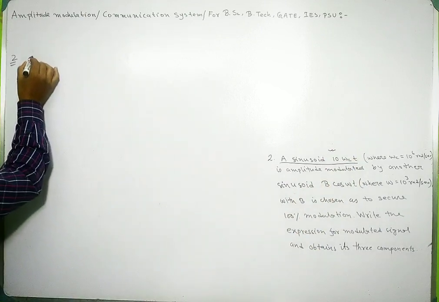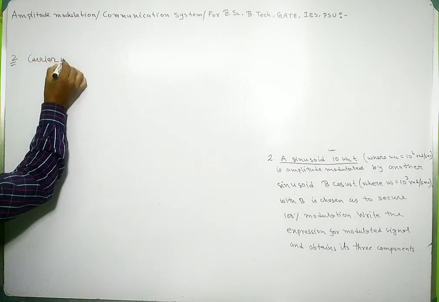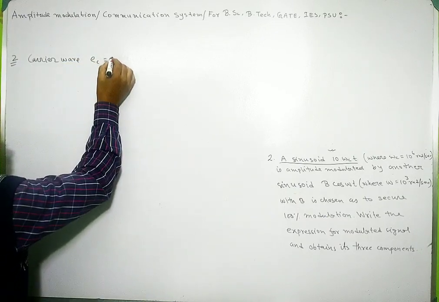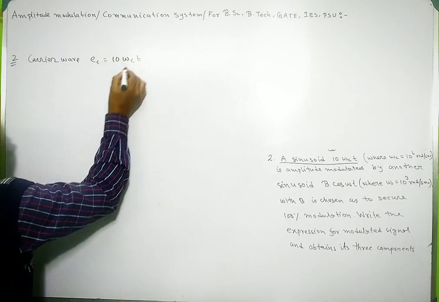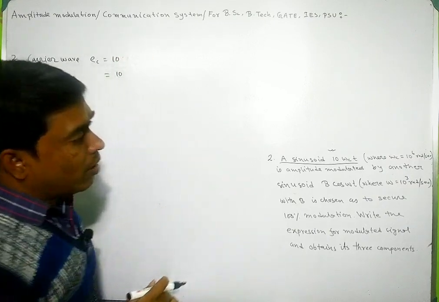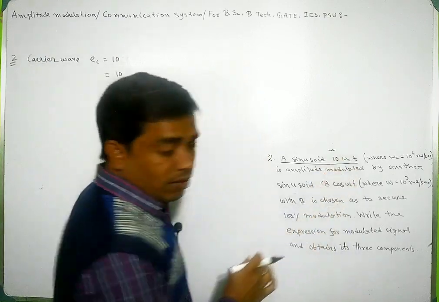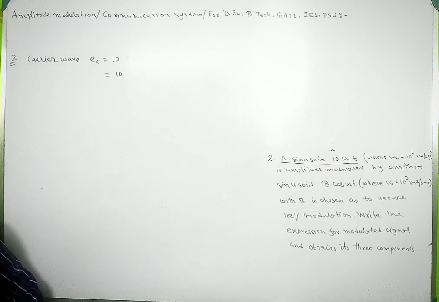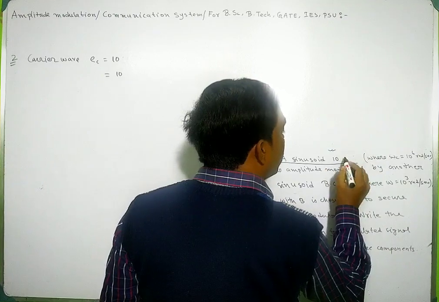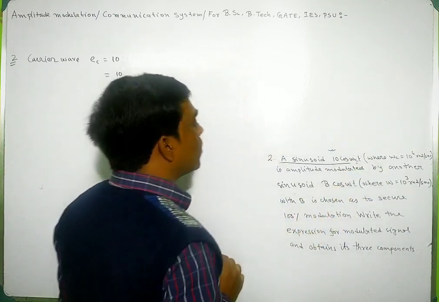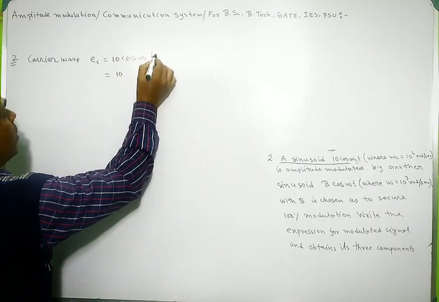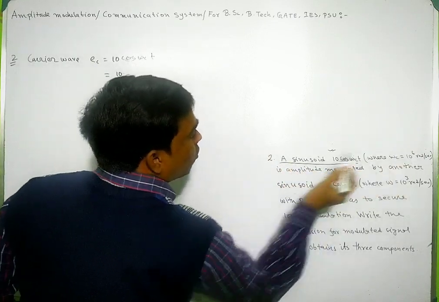So the carrier wave EC is given by 10 cos omega ct, where omega c is 10 to the power 6 radian per second.